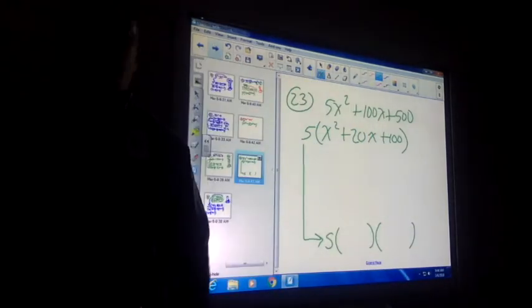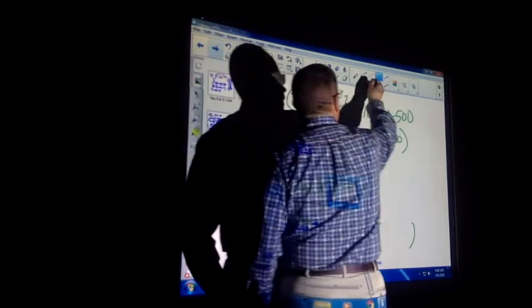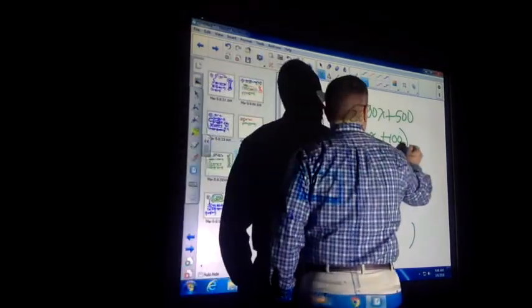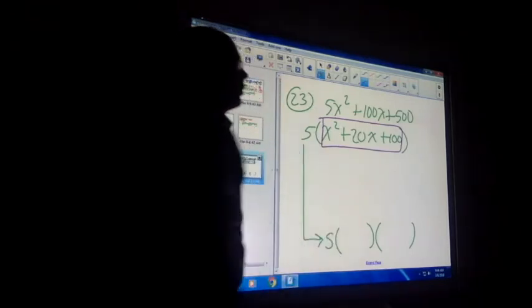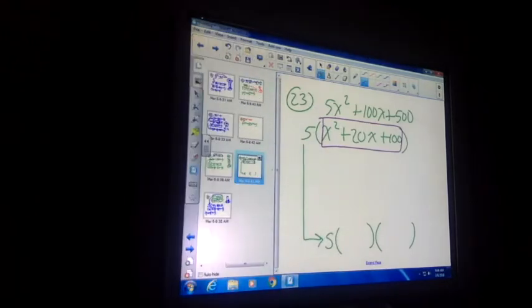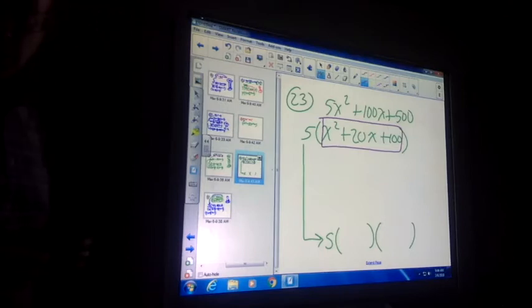Does it appear that this middle part here is a perfect square trinomial? It does. x squared is a perfect square because x times x is x squared. 100 is a perfect square because 10 times 10 is 100. Okay?